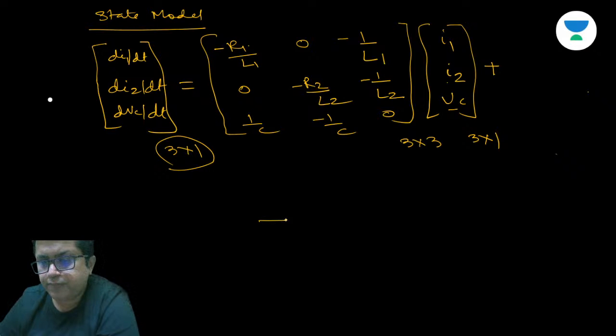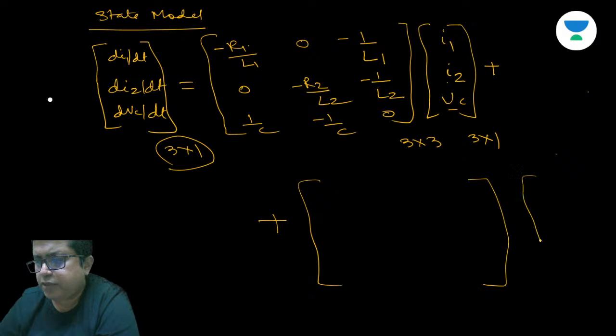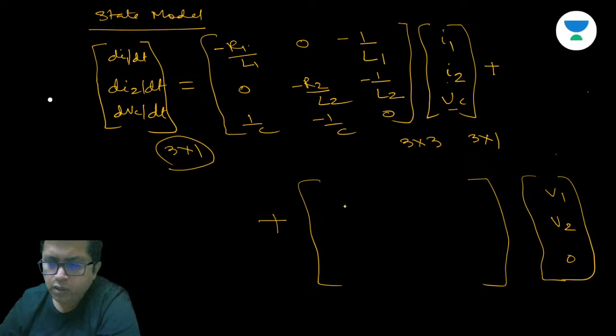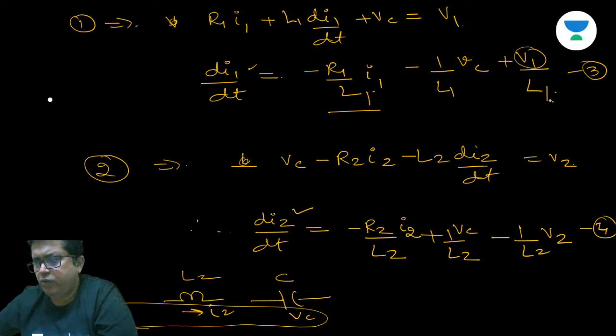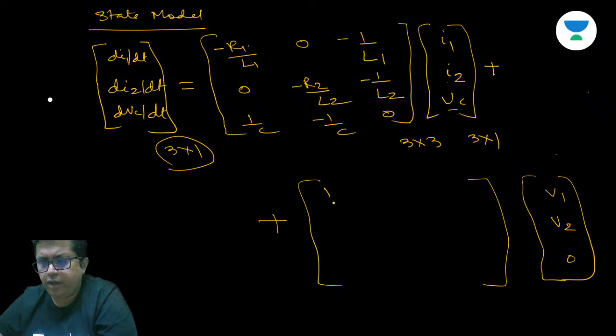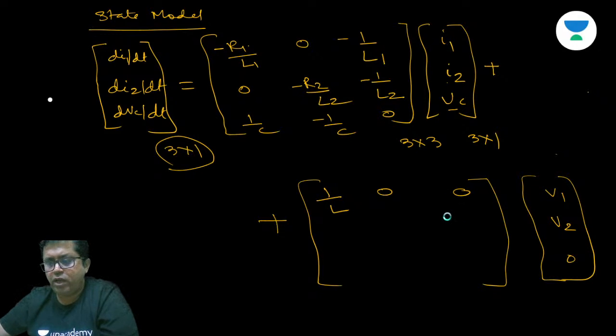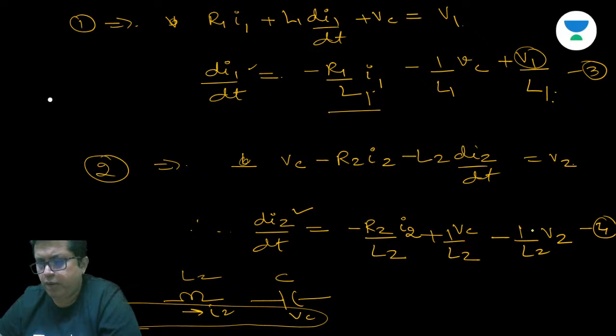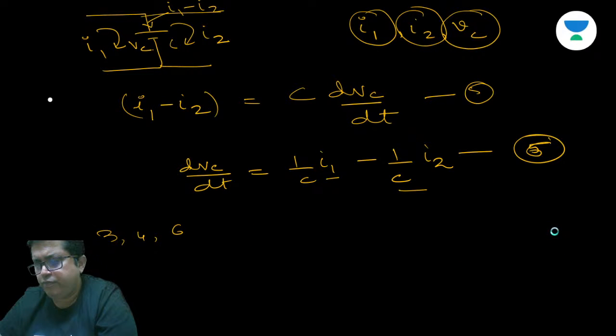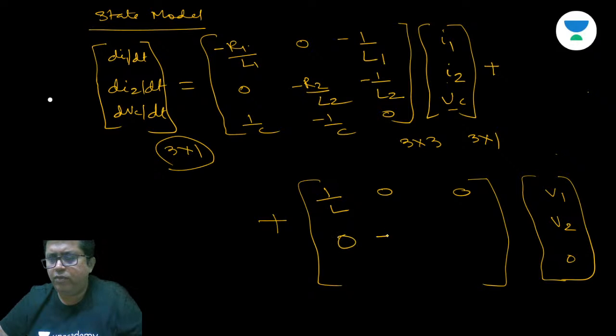So plus a 3 by 3 matrix: one input, second input, 0. For the third equation, V1 is 1 by L1, sorry. There is no V2 term, there is no VC term. Fourth equation, minus 1 by L2 is the V2 term only, no V1 term.